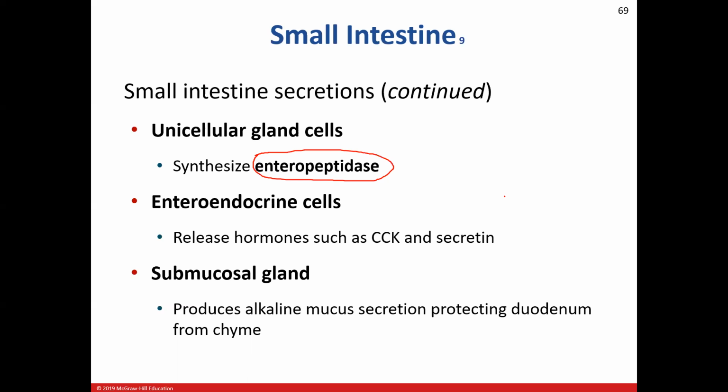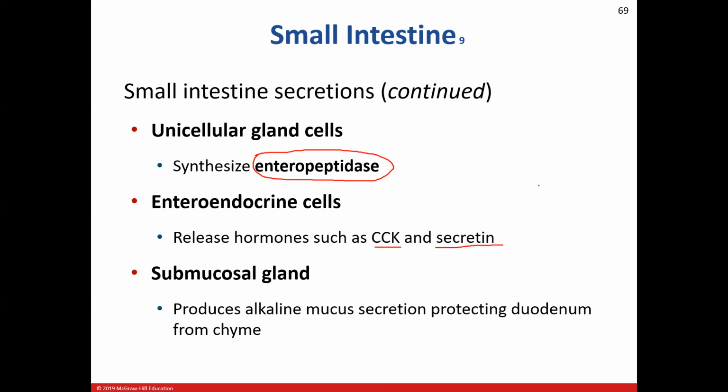In addition to these unicellular glands, we have the enteroendocrine cells, which are going to release our cholecystokinin and our secretin. If you remember, we were talking about the gastrointestinal phase of digestion, and how we have the neurological control center, which helps with controlling the digestive enzyme release in the stomach and the motility of the stomach.